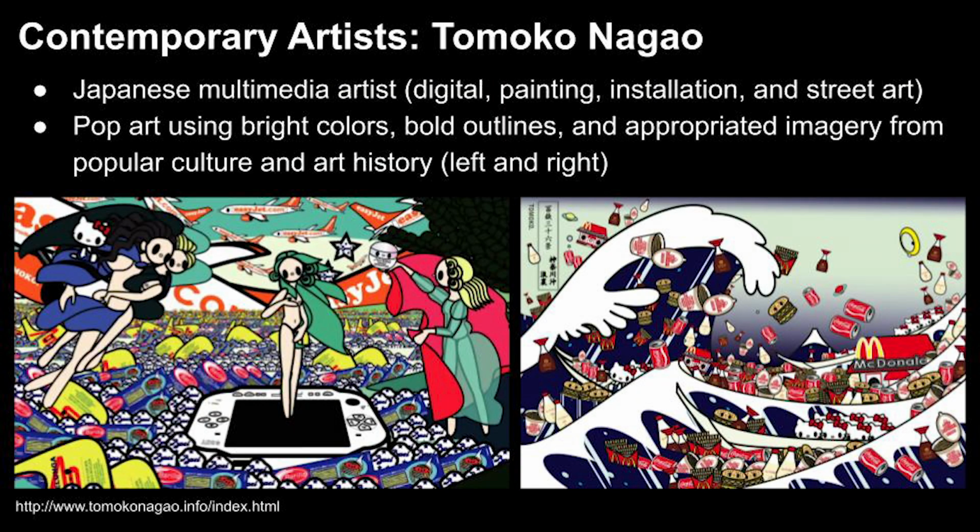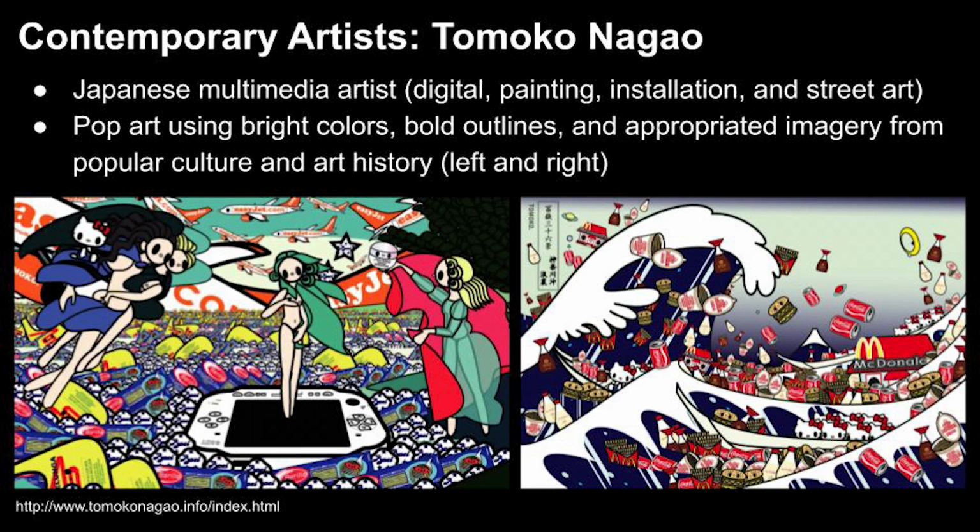Next, we've got Tomoko Nagao. This is a Japanese multimedia artist, digital painting, installation, and street art, who works a lot with pop art, with these bright colors and bold outlines, and also appropriated imagery from popular culture and art history. So here on the left, this is the Birth of Venus reimagined in a more modern Japanese sense.